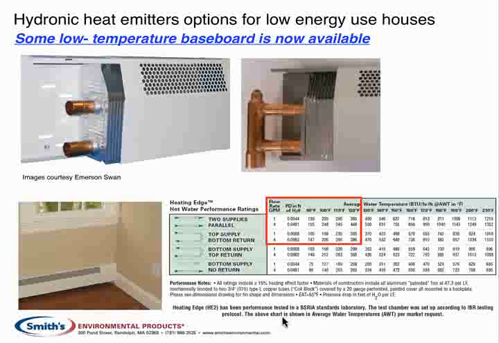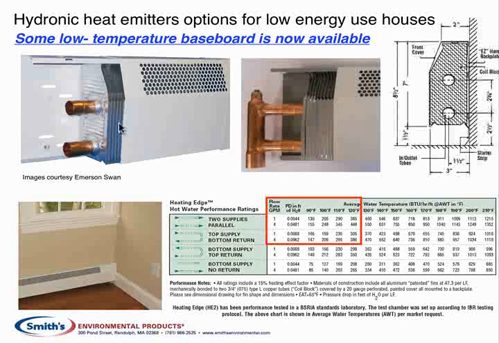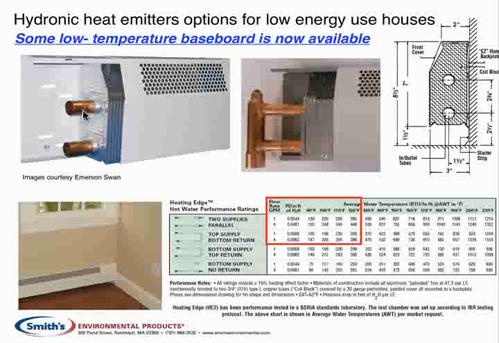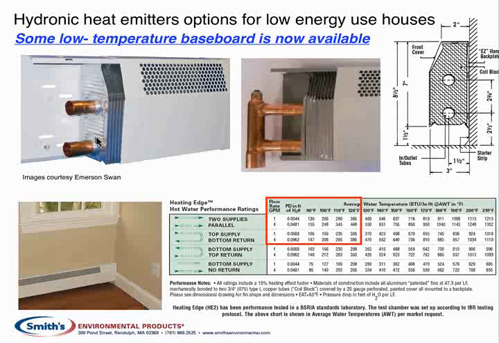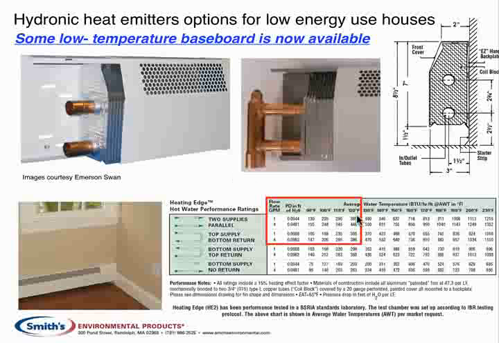If you take a look at the internal construction, you can see that compared to traditional fin tube baseboard, much larger fins and two tubes. It's essentially a larger heat exchanger core inside a similar baseboard type enclosure. Some of the performance numbers are down here. At an average water temperature of 120 and 4 gallons per minute flow rate, we're at almost 450 BTUs per hour output per foot.